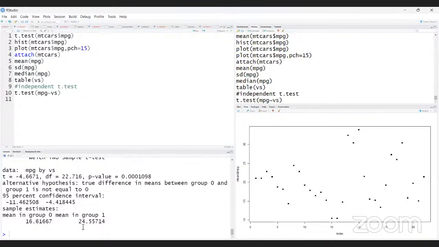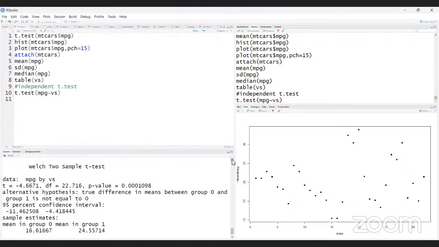Okay. And I find it is highly significant. And keep in mind that here we are following the Welch two-sample t-test.